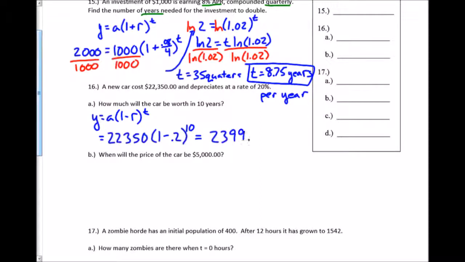Then I ask the question, when will the price of the car be $5,000? This time I still have the same initial amount and the same percentage in here. But now I'm looking for time, and I want to know when this thing is going to equal the 5,000. So now I'm going to divide each side by the 22,350.